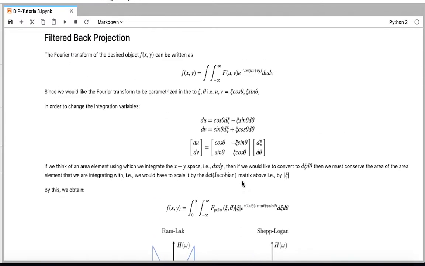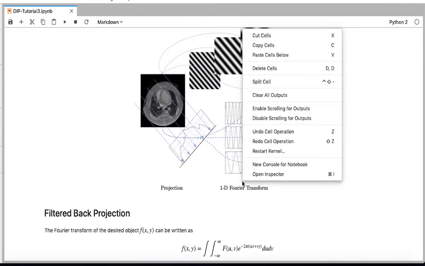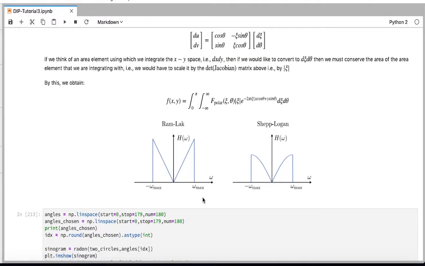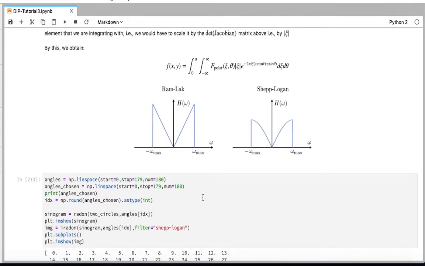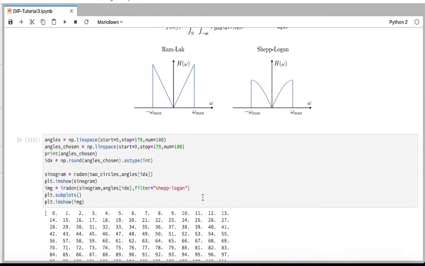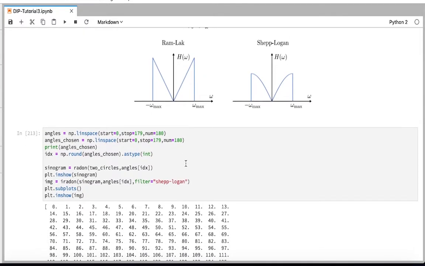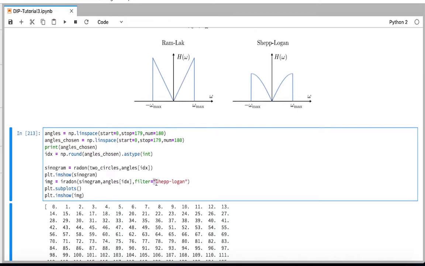So what essentially we need to take away from this is we can't just sum them up along the axis it came from, but we have to multiply with the filter before, and then take them back, and then you need to do the ray tracing, right? It's an important detail, and it's just a single argument in this Radon function.